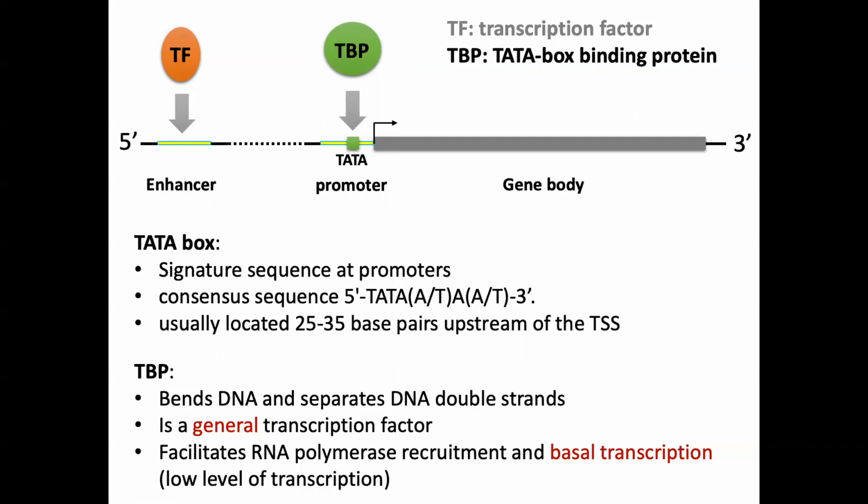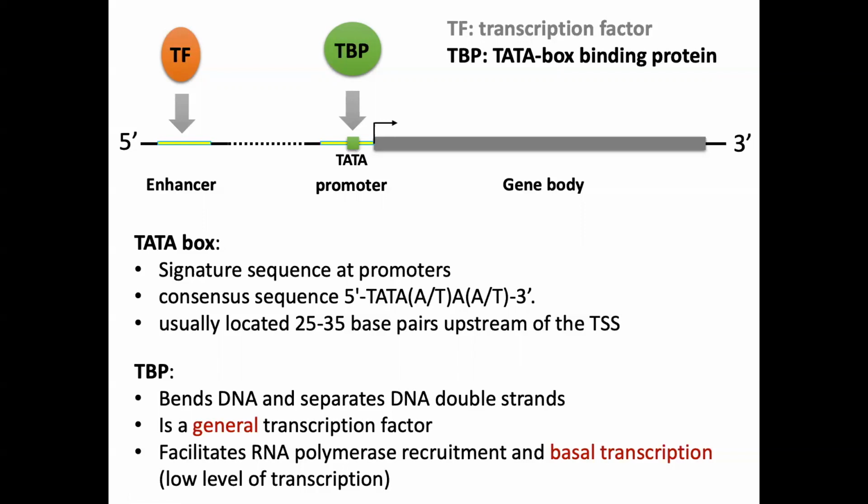Interestingly, a protein called TBP, which stands for TATA box binding protein, can bind to the TATA box. It can also bend the DNA and separate the DNA double strand.